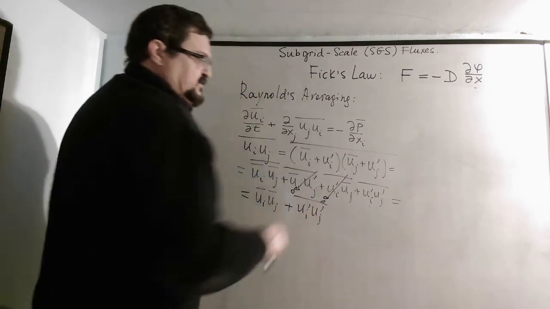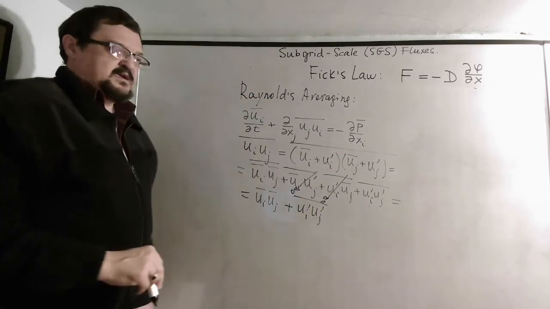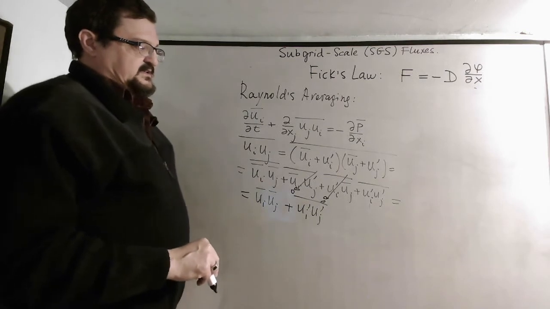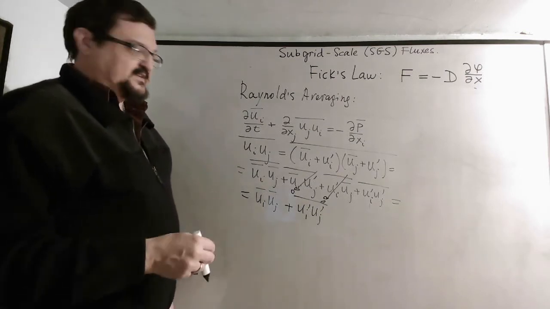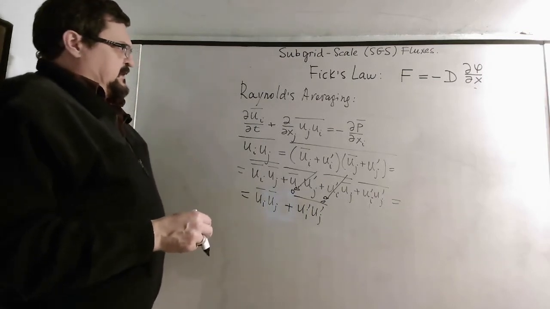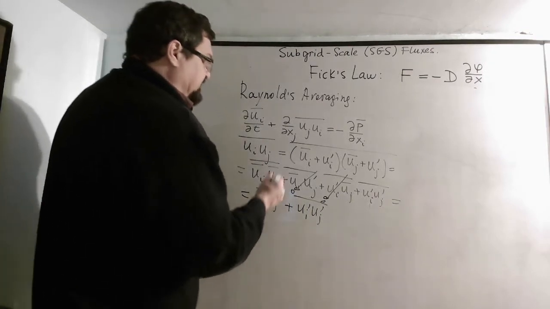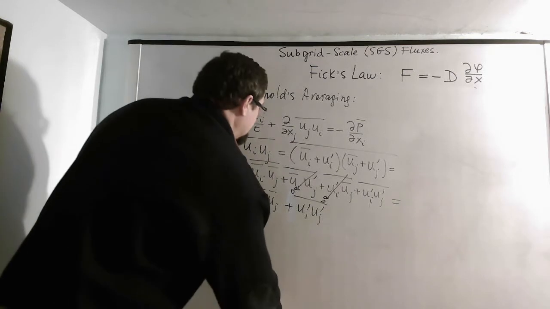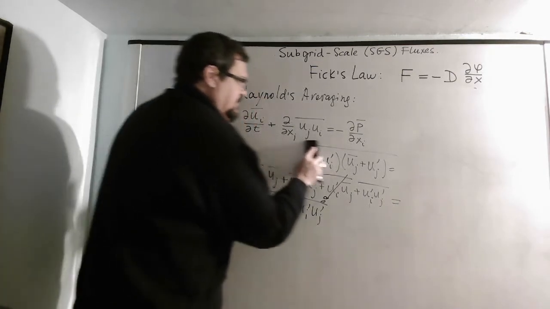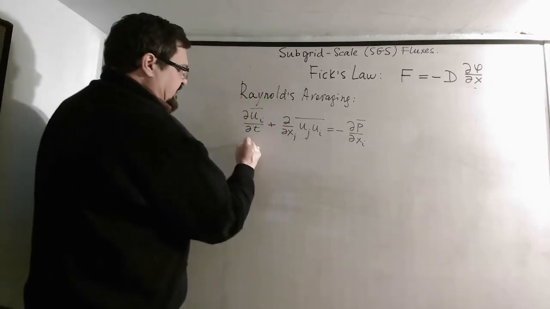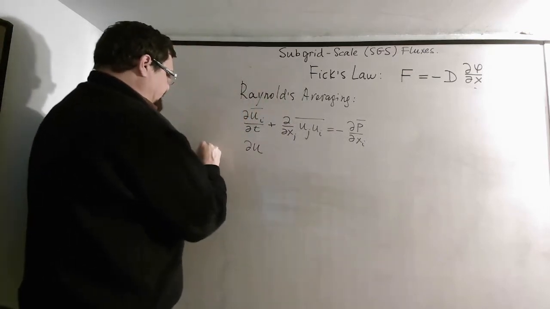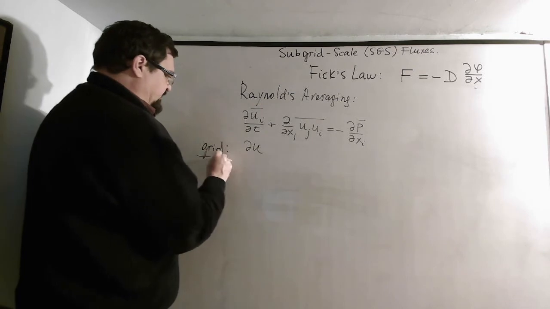And the last term we cannot simplify, because it only disappears if the perturbations are not correlated with each other, as you know from statistics. So this equation can now be written. This is our grid scale, this is for the grid. This is what we resolve with our model.